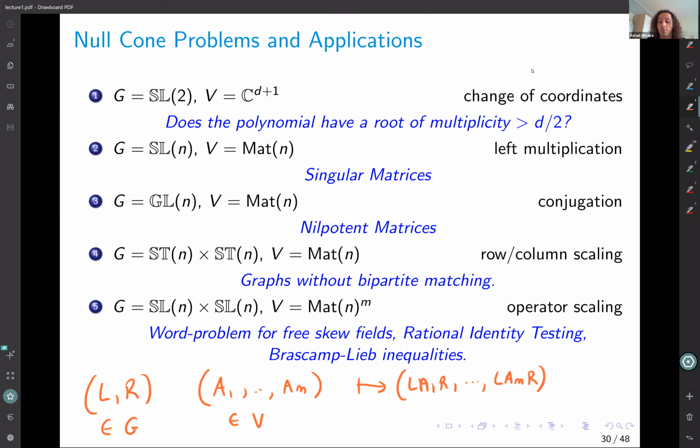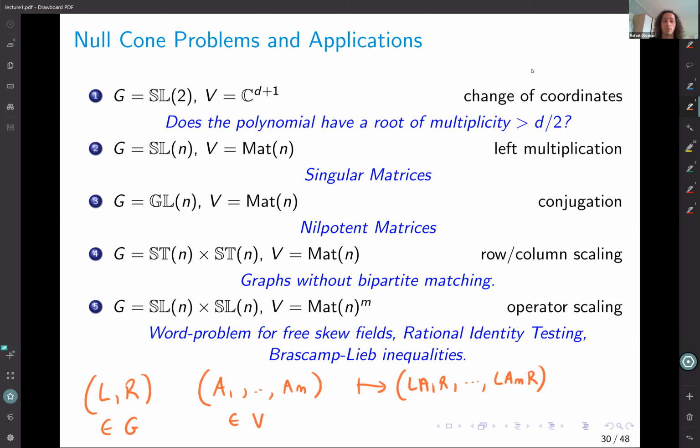It captures the problem of rational identity testing in algebraic complexity theory, and it also captures proving certain inequalities in functional analysis, the well-known Brascamp-Lieb inequalities, which generalize essentially all the inequalities that you know in functional analysis. It characterizes whether there is an inequality or not.